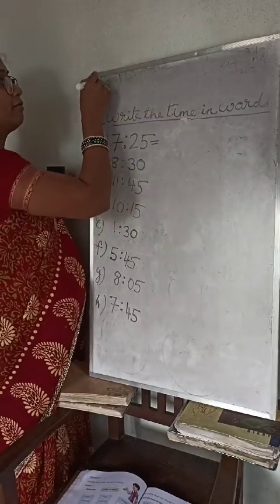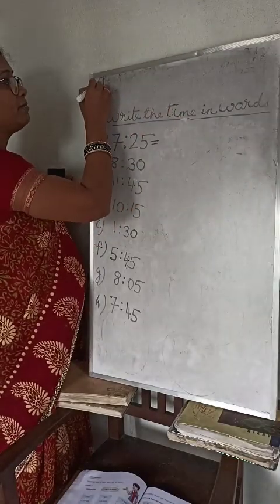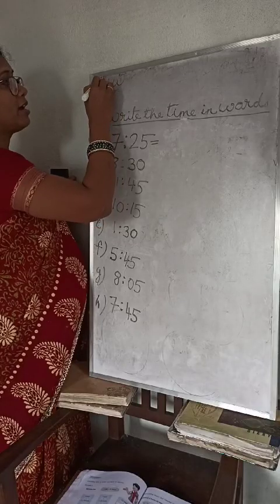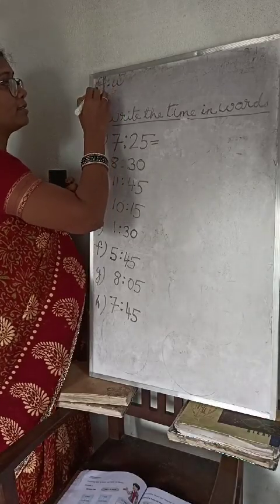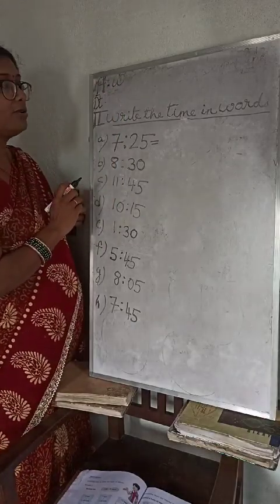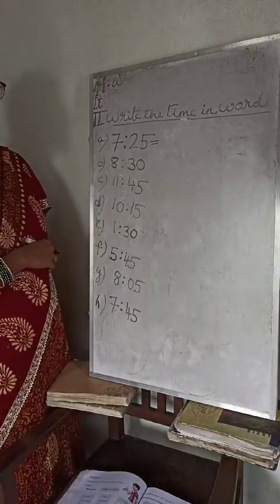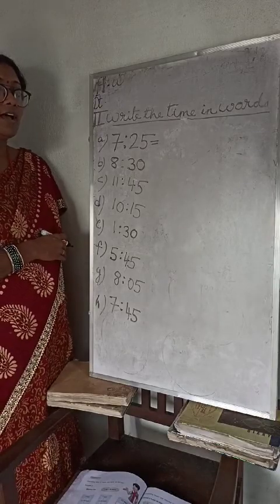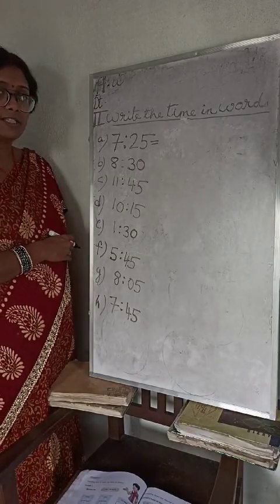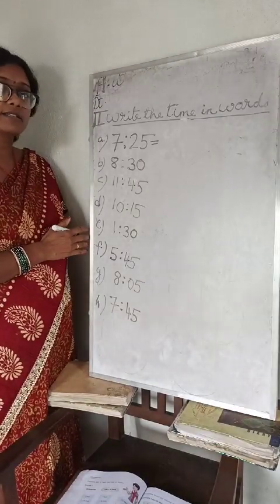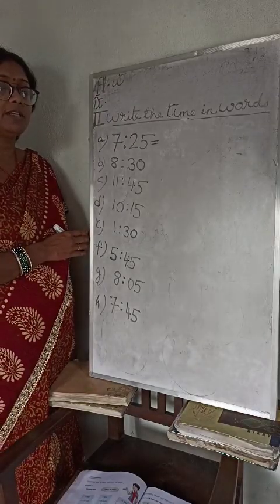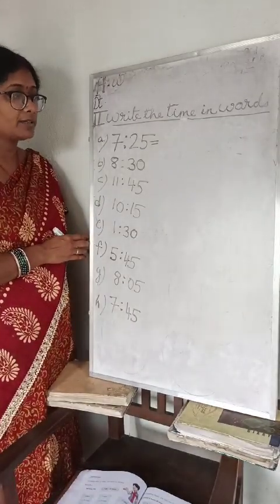This is very simple, but at the same time, I want the correct answers. Don't do the answers in a hurry and don't get them wrong. Okay, so do this work and then send it to me. After doing the correction, I will send it back to you, and in the next class we will continue with the next part of the chapter. Thank you.